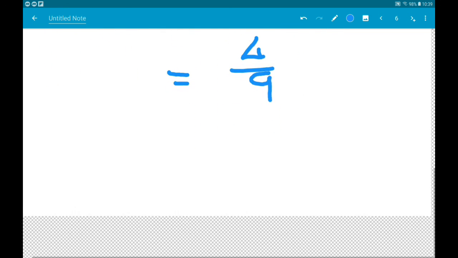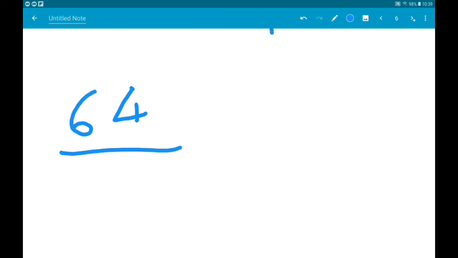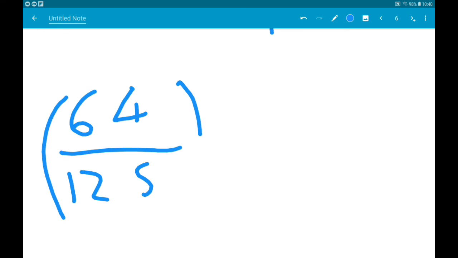What about 64/125 to the power 2/3? Well, that just means we cube root both numbers.